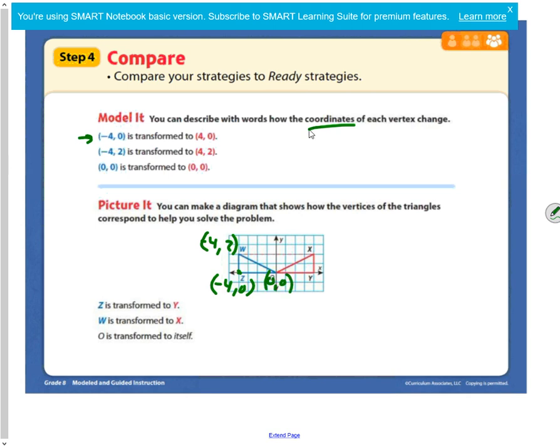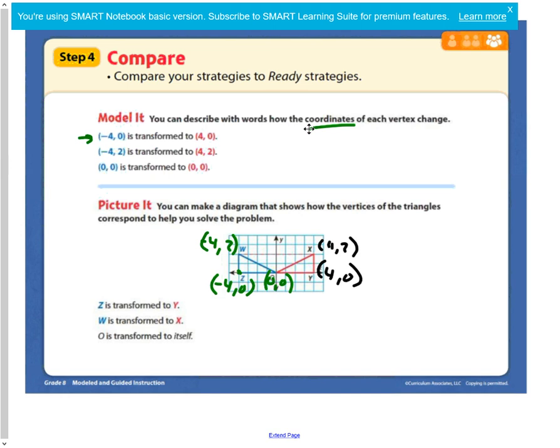Now on our new graph, we end up with 0, 0 as one of them, but then it goes to 4, 0 and 4, 2. So you might notice it has the same numbers except one slight change. What is that change? Maybe you can tell it's just the x value, the front value, just became the opposite. Went from negative 4 to positive 4.